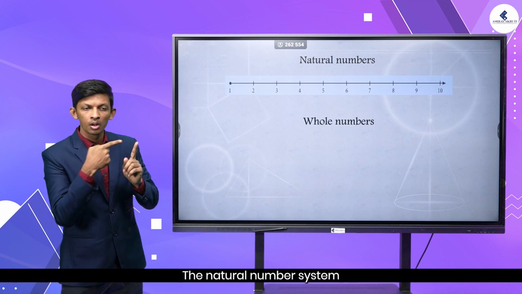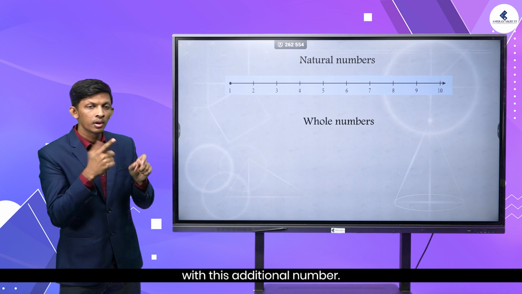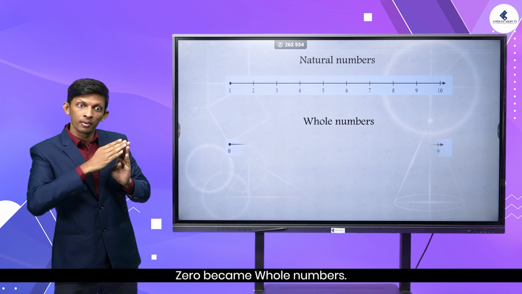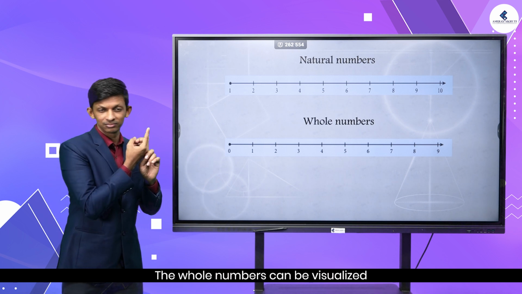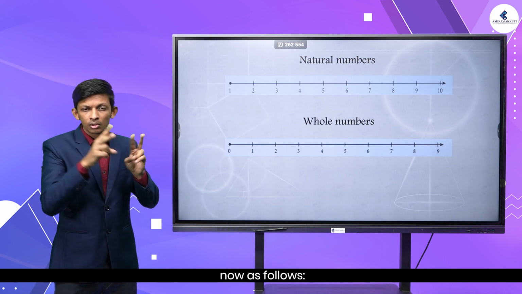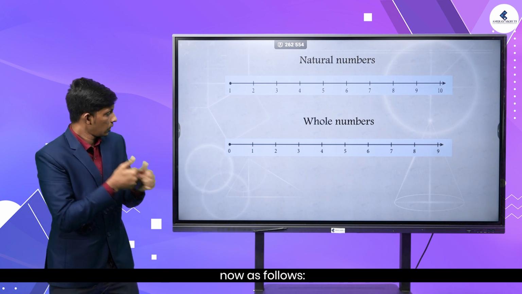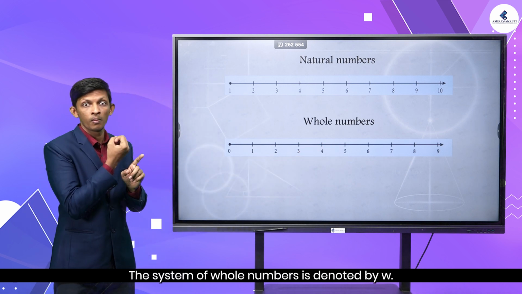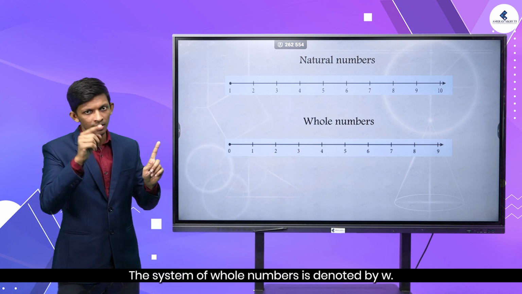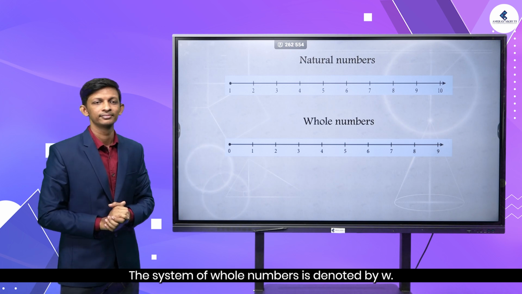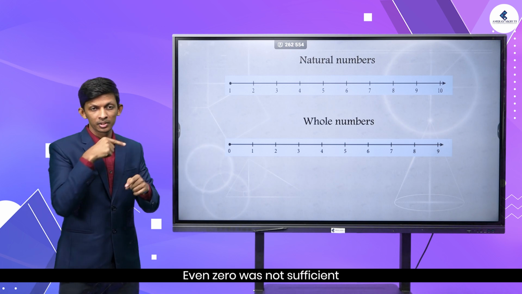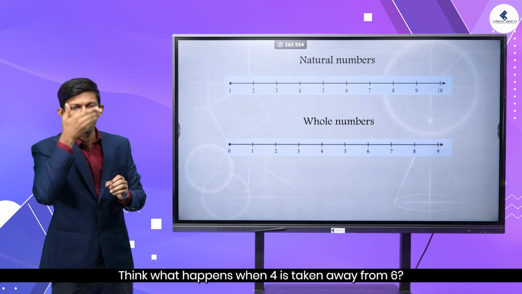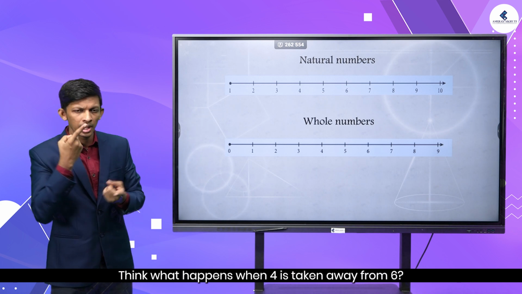The natural number system, with this additional number 0, became whole numbers. The whole numbers can be visualized now as follows. The system of whole numbers is denoted by W. Even 0 was not sufficient to solve all problems. Think what happens when 4 is taken away from 6.